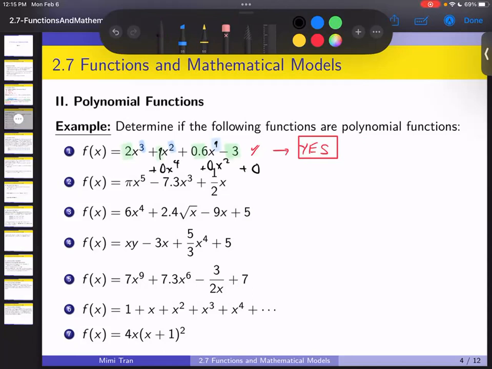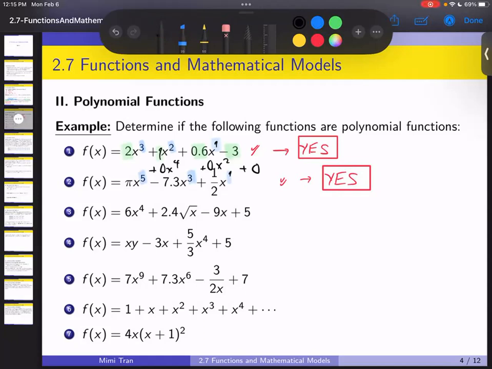So yes, the second one is a polynomial, even though it doesn't look perfect. And again, all my powers belong to the non-negative integers.